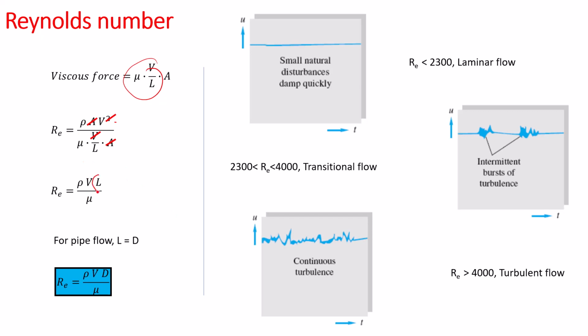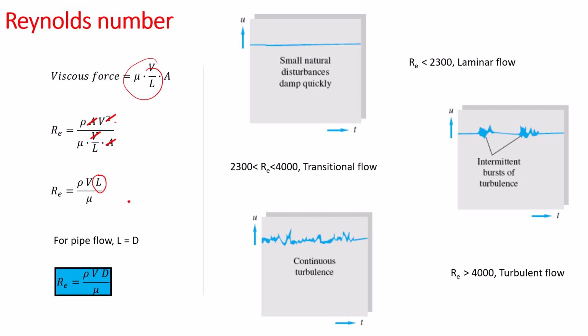And this length is any dimension, in the SI system, something between the 2 points. So it's not strictly width or length or the height. This can be the length of the diameter.